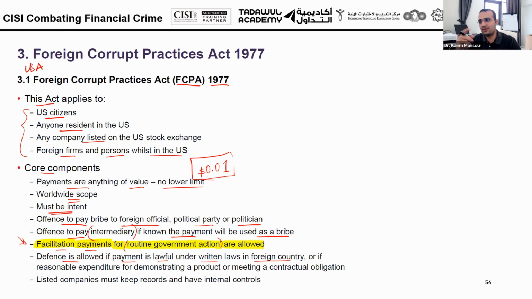And this is something that we're going to cover later, when we talk about mutual legal agreements or MLAs, where what I did might be considered illegal in your country, but it's legal in my country. So your law doesn't apply to me. Not in the UK. If that is illegal in the UK, they don't care if it's legal in your country.